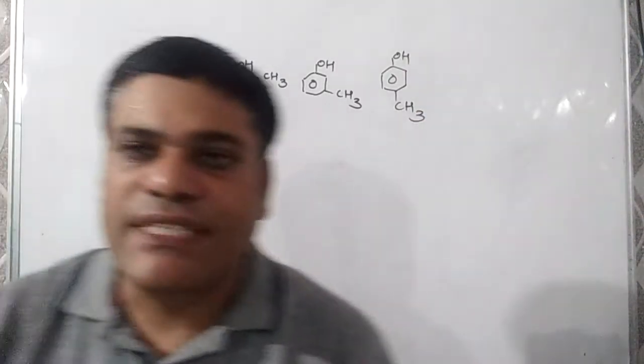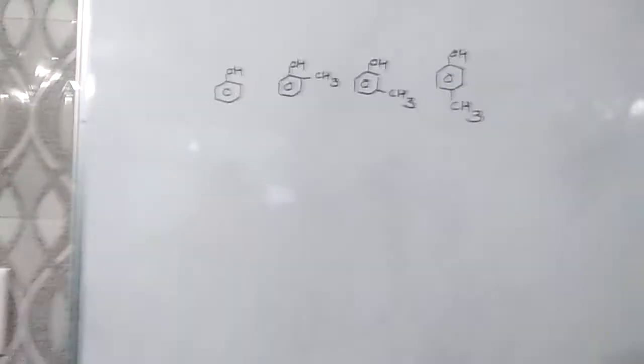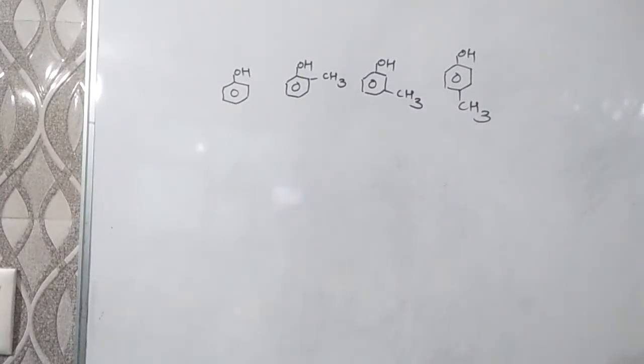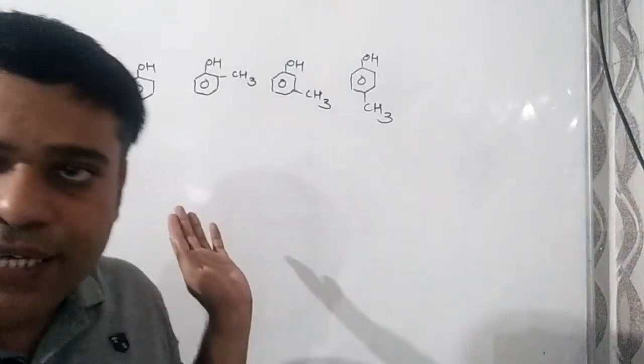As we know, the methyl group is electron releasing in nature, hence the acidic strength will decrease.